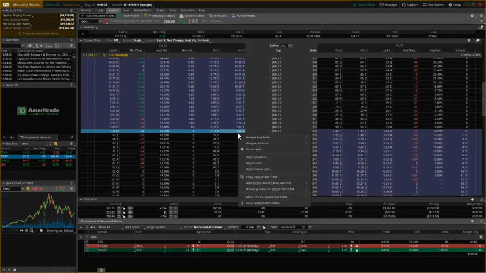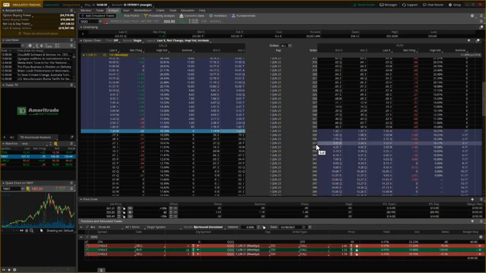Again, we're going to sell one out of the money call option, which is 334, and we're hoping to get at least 1.2 for this. Again, these are assumptions. We might have those prices, we might not, but let's see how the risk profile looks.